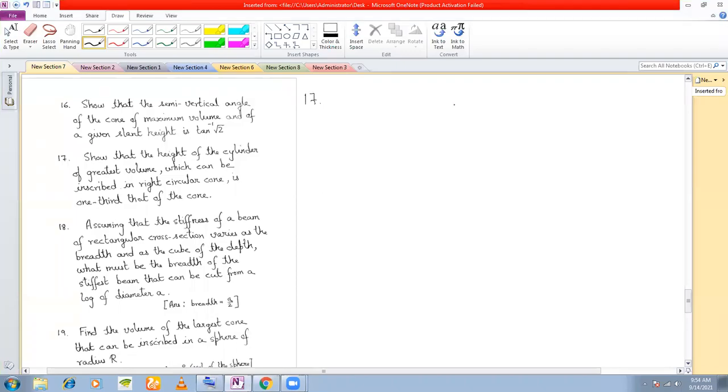Number 17, if you read, the problem states: show that the height of the cylinder of greatest volume, which can be inscribed in a right circular cone, is 1/3 that of the cone. Okay, so let's draw a cone.